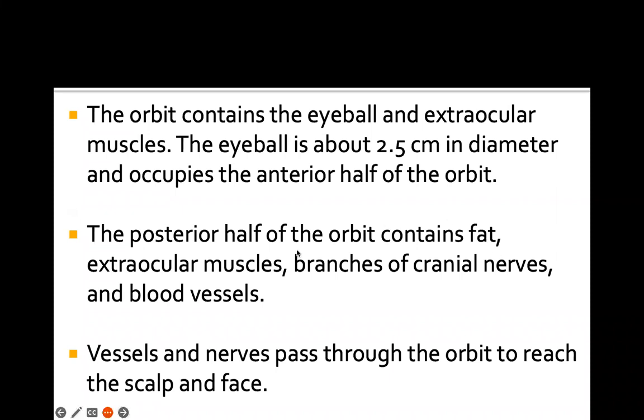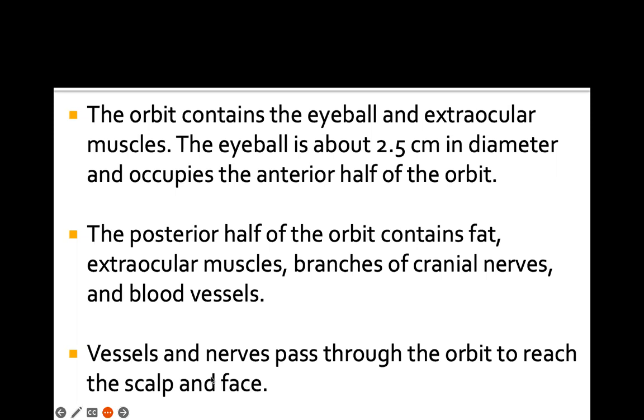Apart from fat, what else? The extraocular muscles, then branches of cranial nerves, okay, as we saw earlier on in the slide, because of the superior orbital fissure, and blood vessels, okay, as well. Vessels and nerves pass through the orbit to reach the scalp and face.